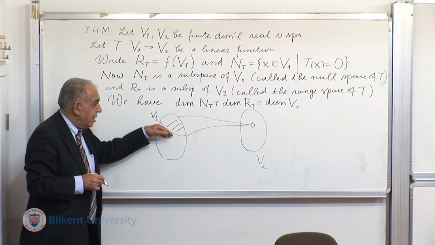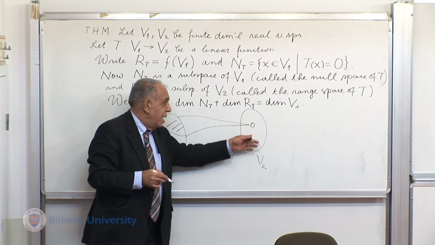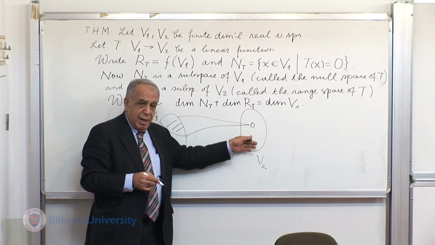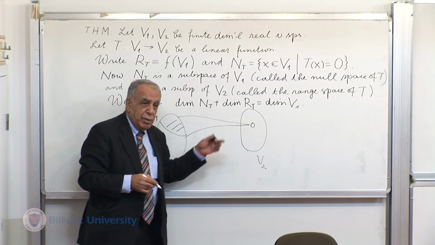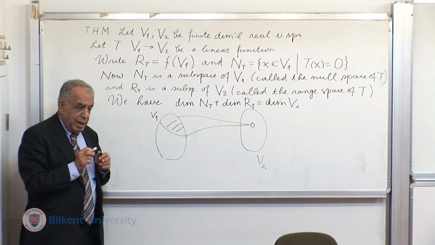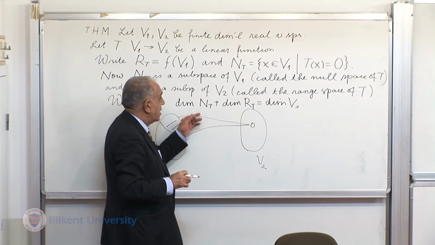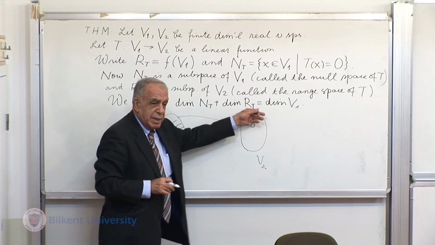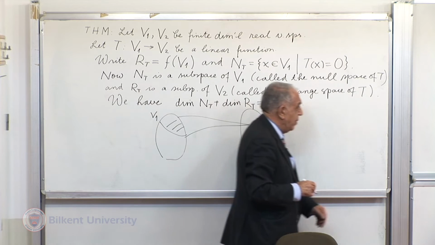So the larger this is, the smaller the set of points in V2 which have pre-images will become. And that is arranged in such a way that this sum stays invariant and is equal to the dimension of V1.